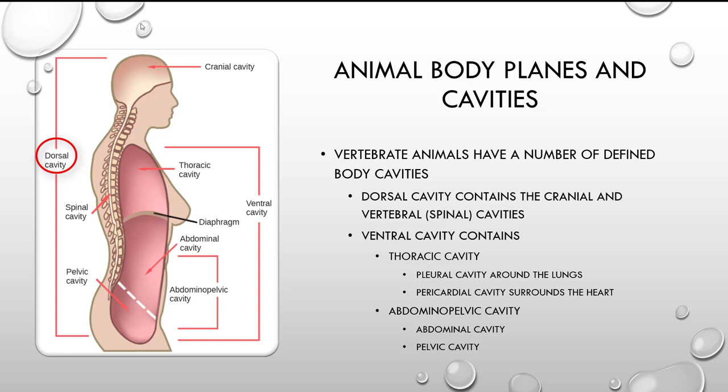So that cranial cavity and the vertebral cavity make up the dorsal cavity, the back side. Imagine if we did our frontal plane, this would be the dorsal part of our frontal plane. The ventral part of our frontal plane would include our thoracic and our abdominopelvic cavities. So the thoracic cavity, if we're looking at the transverse plane, would be the upper part, the superior part.